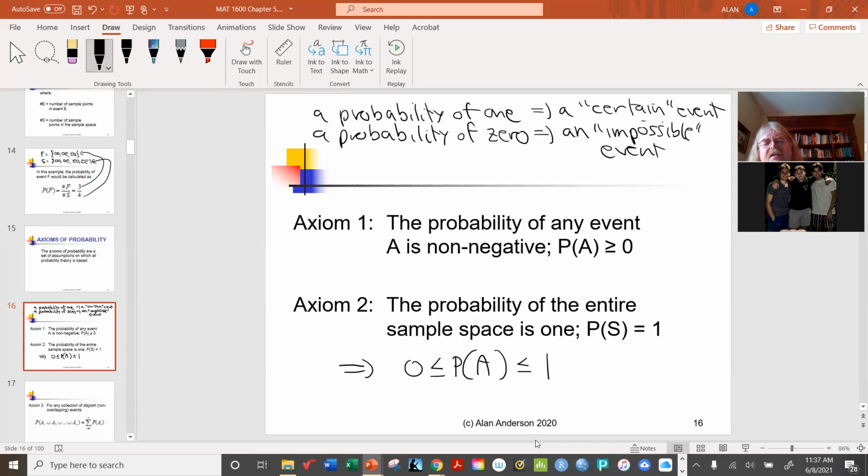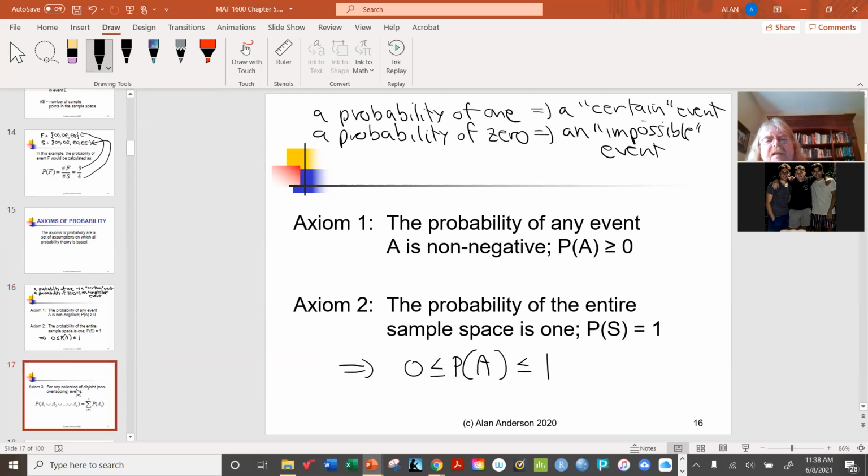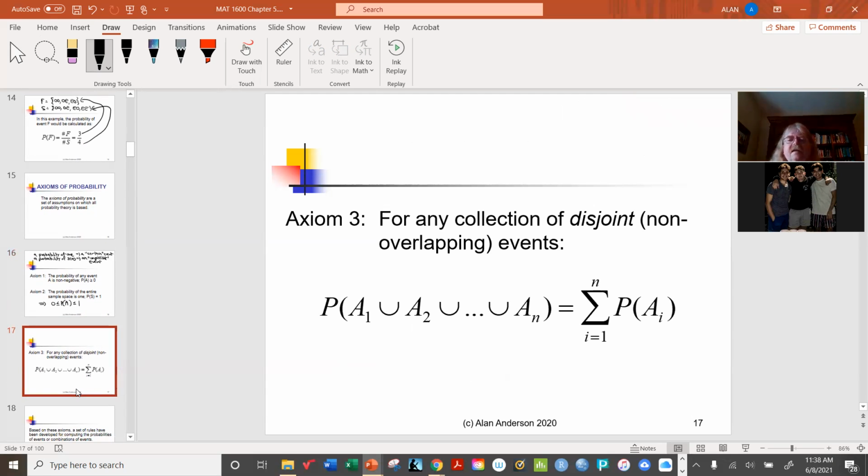Now, the third axiom is a little bit more complicated. You'll see later on why it's so important. All right, so here we go. If you have any set of events, now here is the key detail.